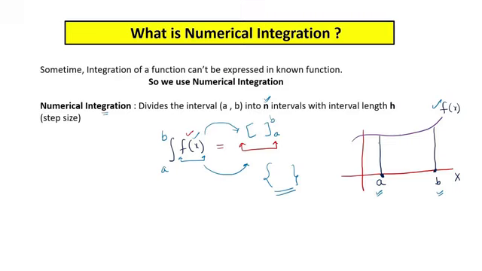That means you divide the A to B interval into n parts, and all these intervals are of length h. This length h of the interval is also called the step size. In this way, numerical integration methods work to find the integration of a function between 2 points A and B.